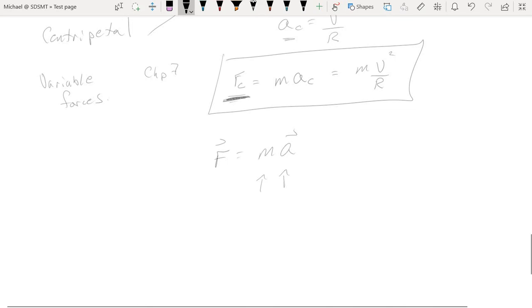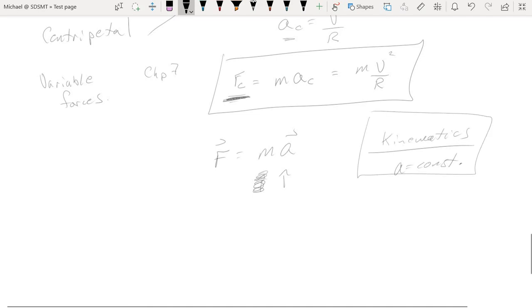But we're mainly going to focus on the idea that instead of having a variable mass, we want to keep the mass constant, and so we will have a variable force. And if you remember, one of the big conditions about using kinematics was that we had to have a constant acceleration in order for the calculus to work out and produce the equations that we were using for the kinematics.